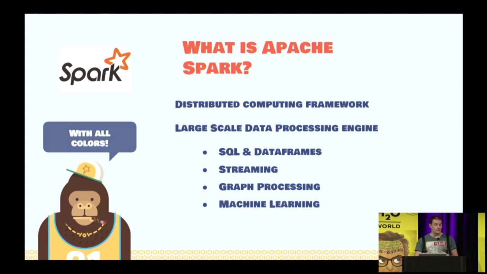There's streaming in the form of micro-batching, so it's not event-by-event processing, but batching by time windows that can be quite short if you want. There's a library for large graph processing and a library for machine learning as well.